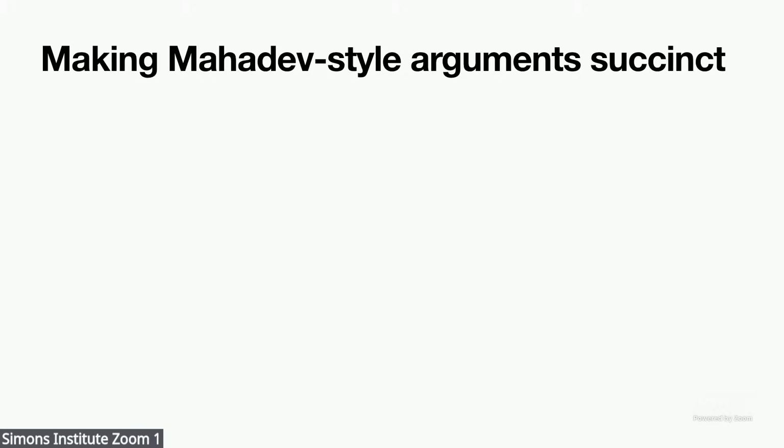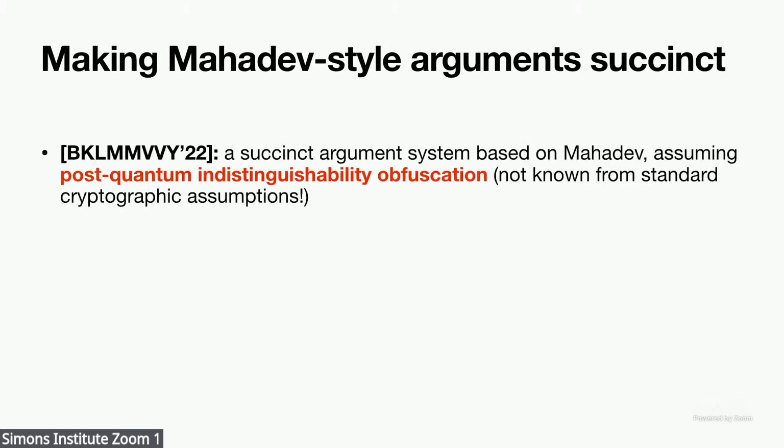You might try to start with the Mahadev-based approach and try to make it succinct. This has indeed been tried. There's a paper, and we've all observed that cryptography papers are very long. Sometimes even the lists of authors are very long.